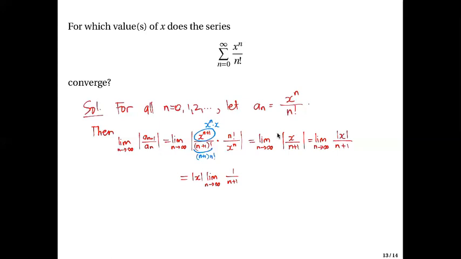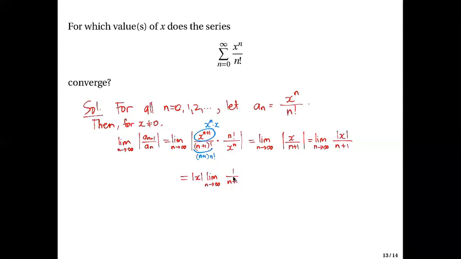By the way, since you are taking the limit of a sub n plus 1 over a sub n, you have a denominator x to the n, so at the beginning you have to write the condition x not equal to 0, so that we don't have a denominator of 0 here.